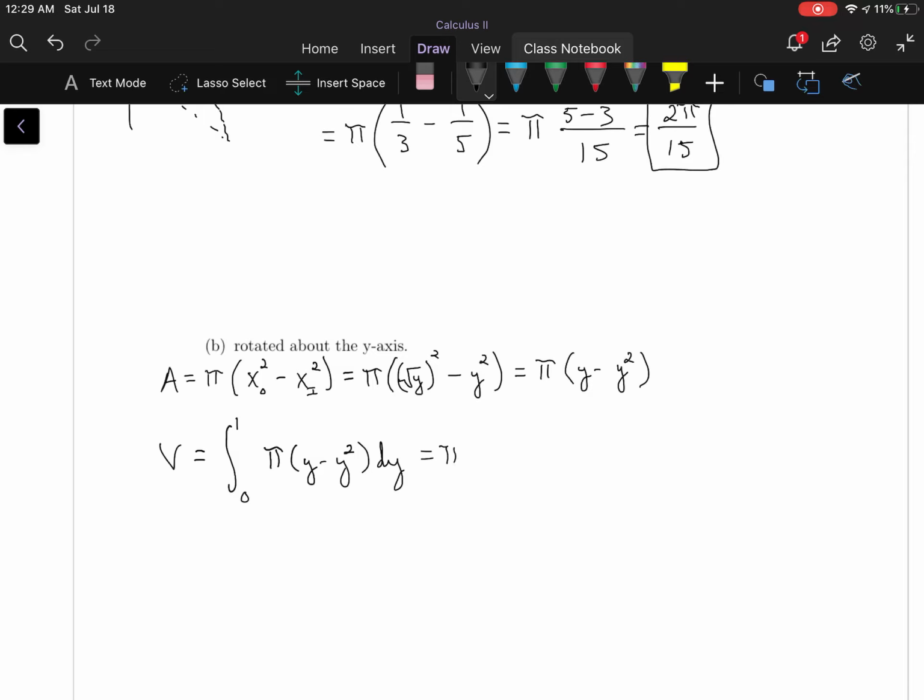Now we integrate. So we have pi times y squared over 2 minus y cubed over 3, evaluating from 0 to 1. And this is going to be pi times 1/2 minus 1/3, which with a common denominator of 6 is going to give you pi over 6.